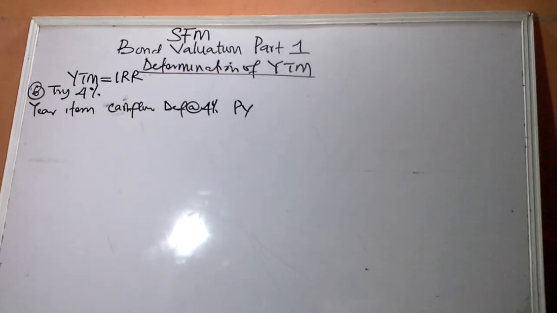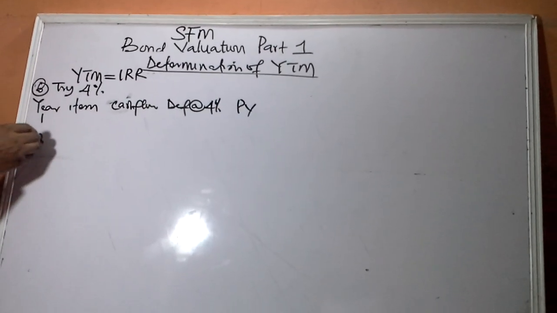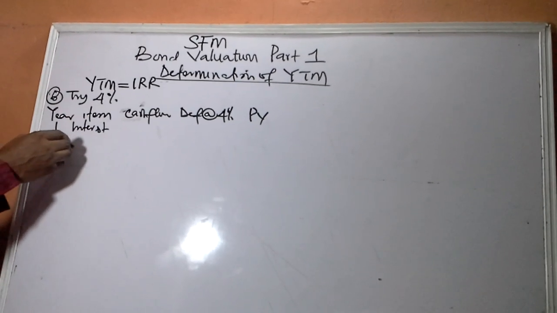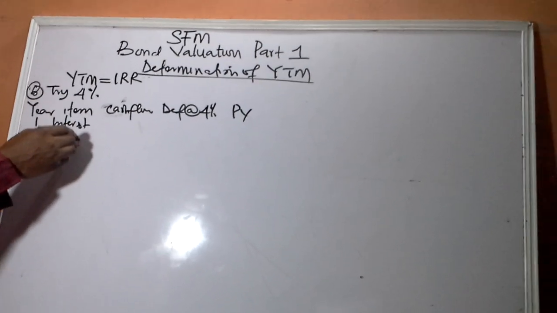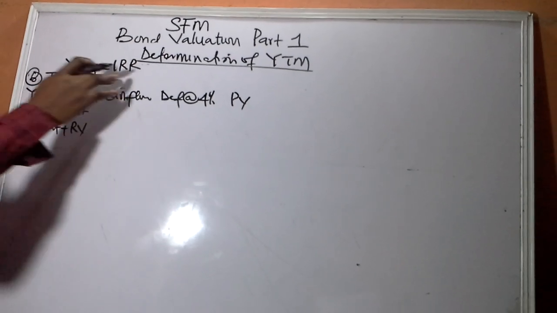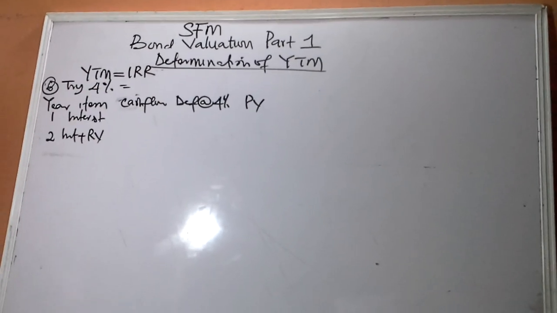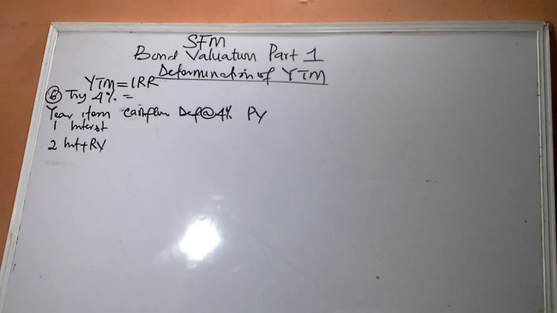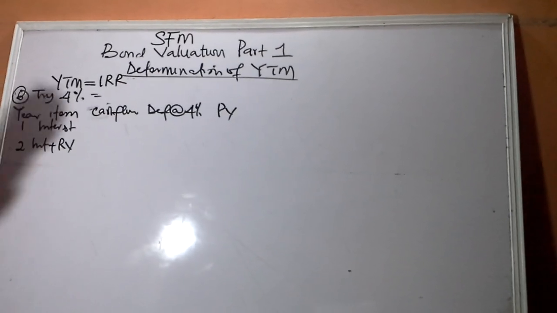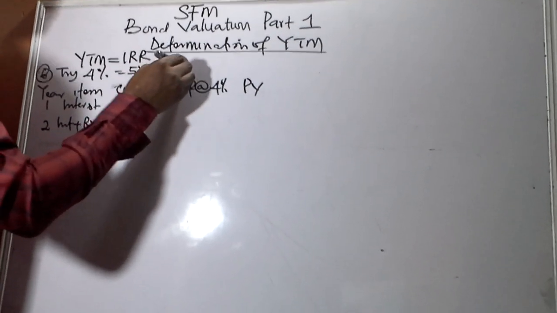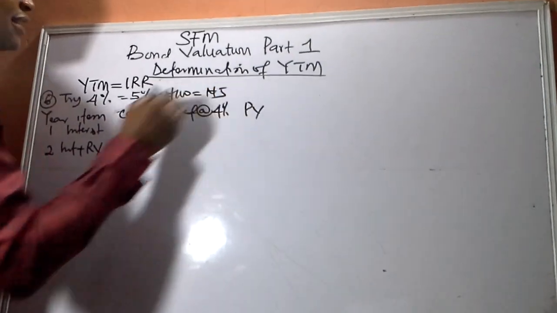The bond has 2 years, so year 1, year 2. Year 1 is the interest. Year 2, the interest too, plus the redemption value. What is the coupon here? It has a 5% coupon. So 5% of the nominal value is 5 naira.